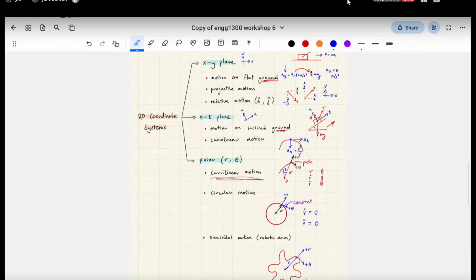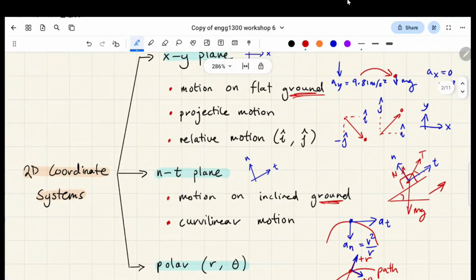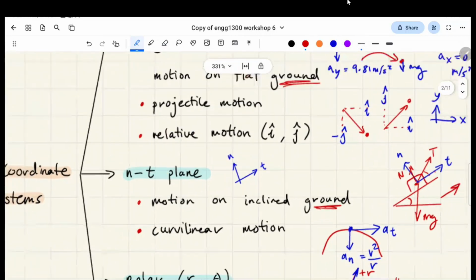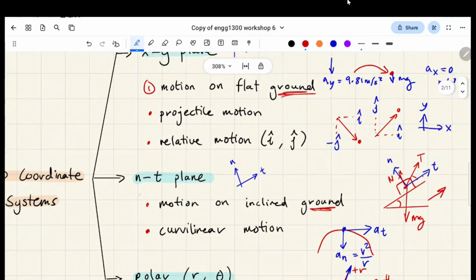Okay, cool. So we will move on to the next part. What I've decided to do is break up these formulas, which you'll need to do the questions, into 6 sections. So I've grouped these two together, because essentially you're using the same formulas for the grounded motion, right? Projectile motion, 1, 2.